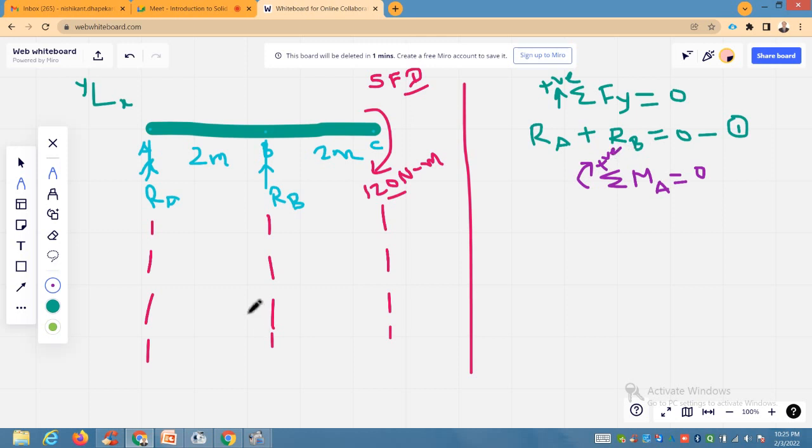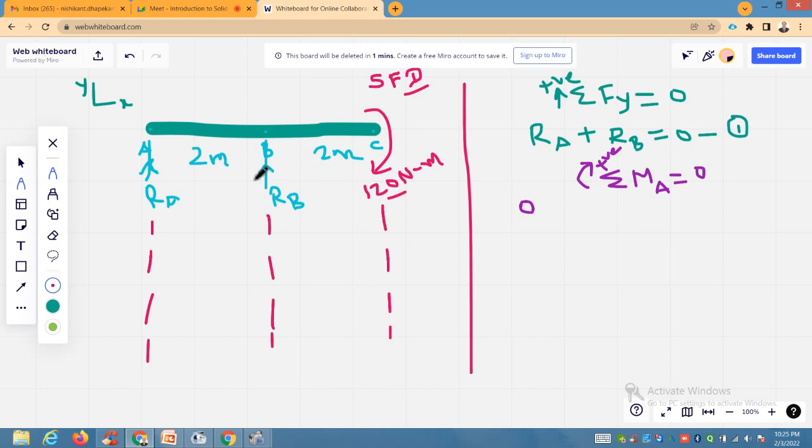So let us start with RA. I have to calculate the moments. RA is passing itself through A, so there is no lever arm. So RA will give 0 moment.